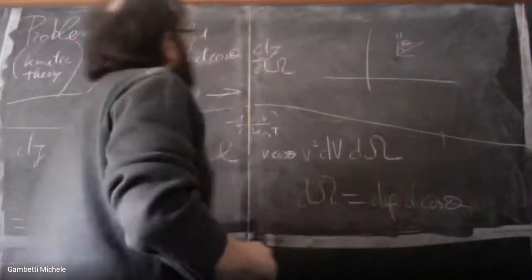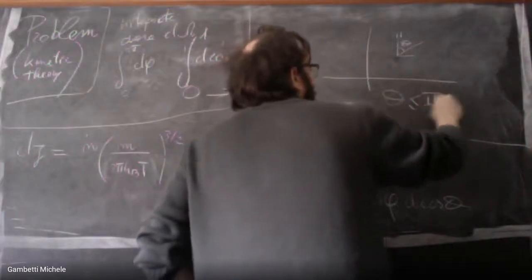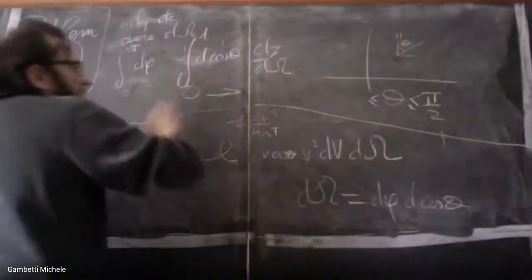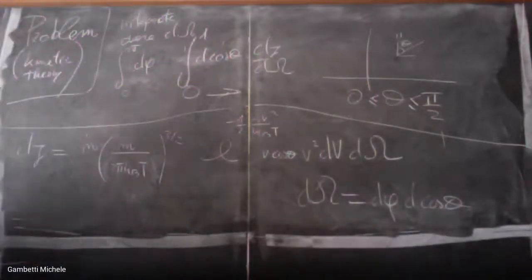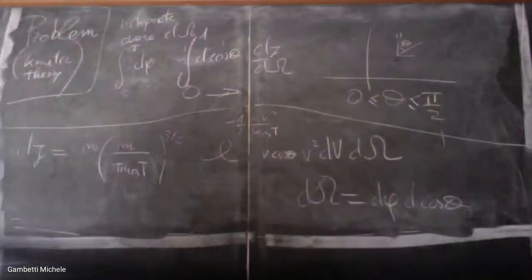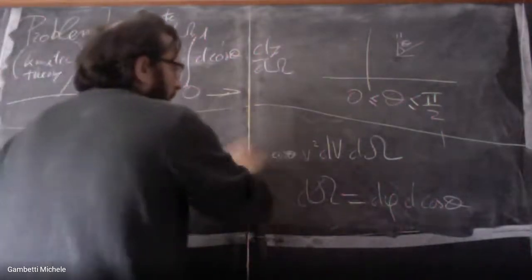So θ must be between π divided by 2, for which the cosine is 0, and 0, for which the cosine of θ is 1. That's basically the only thing that we have to change with respect to the isotropic Maxwell-Boltzmann.